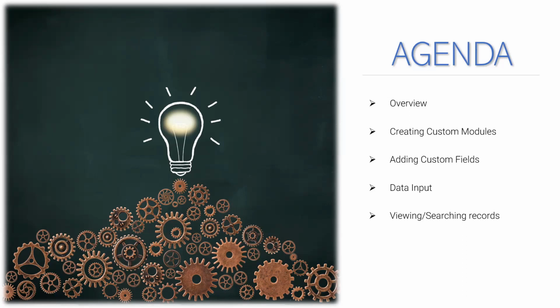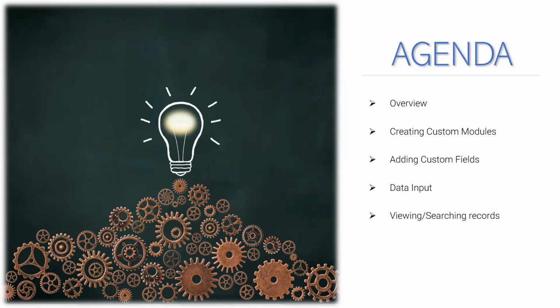So today we're going to learn how to create a custom module, add the fields to it because you can add whatever custom fields you want, and then put the data in, and then search your records. And I'm going to show you a couple of examples, and then a couple other things I want to show you because there's some capabilities we've added in the last 6-8 months. If you have created a record in opportunities, quotes, or sales, you can create custom fields in one of those records, whichever one you decide to use.